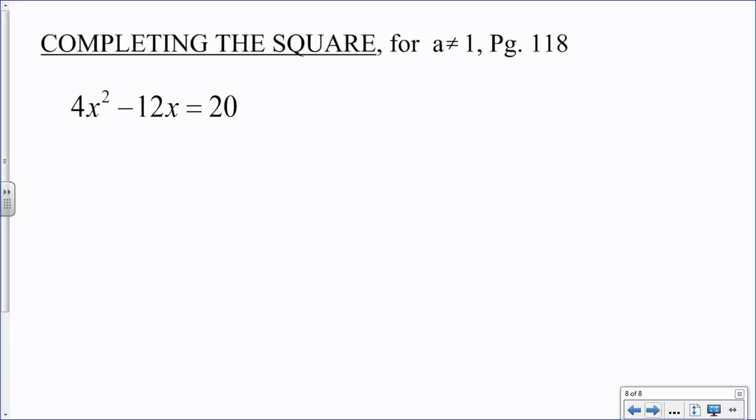But I have to divide by a. So what I'm going to do is I'm going to factor out that 4. I'm not factoring out 4x because I need this to say x squared. I need it to say x squared so I can do the trinomial. But I factor out the number in front of x squared. So that's 4. And then I would get x squared minus 3x equals 20. Then divide by 4 to get rid of it.